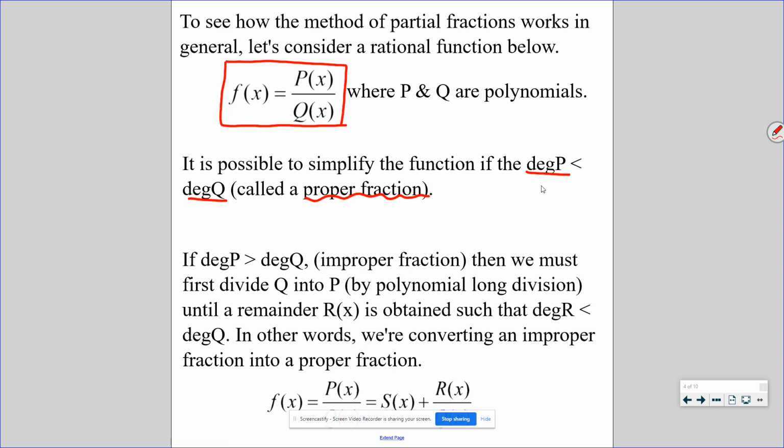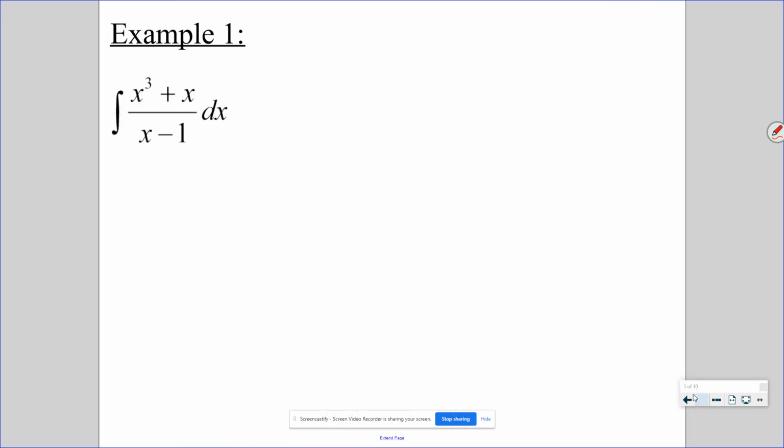And if that is the case, it's possible to simplify that function. If the degree on the top is larger, then what you're dealing with is an improper fraction, where you would then do some long division, like we learned in pre-calculus, to simplify the function down. So let me show you what I mean.